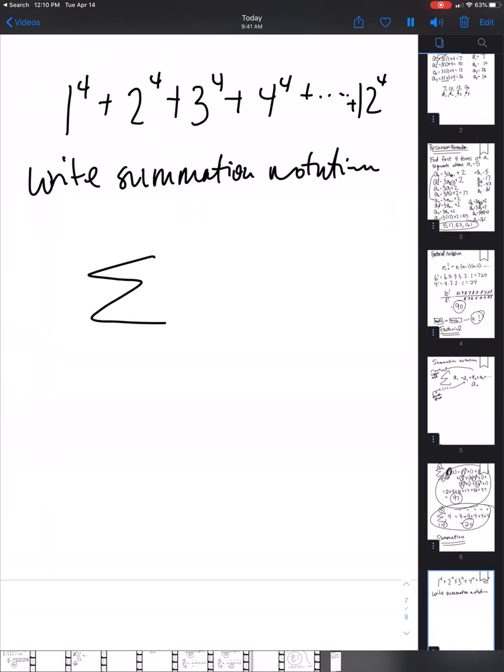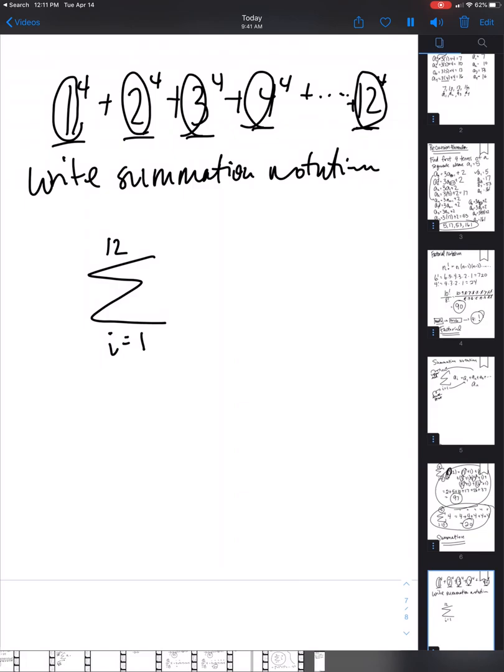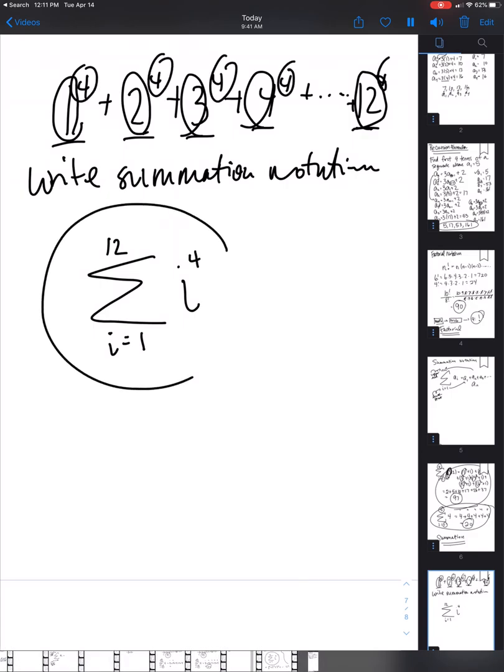Okay, so I got the big sigma. Where did it start? Where did it end? And what is our equation? So it started at 1, so you can see there, and it goes 1, 2, 3, 4, dot dot dot, and it ends at the number 12. And then the equation that we would plug each one of these i's into, so we go 1, 2, 3, 4, 5, 6, 7, would be i to the 4th power, and every time we would plug in 1, then 2, then 3, then 4, then 5, 6, 7, 8, 9, 10, 11, 12.